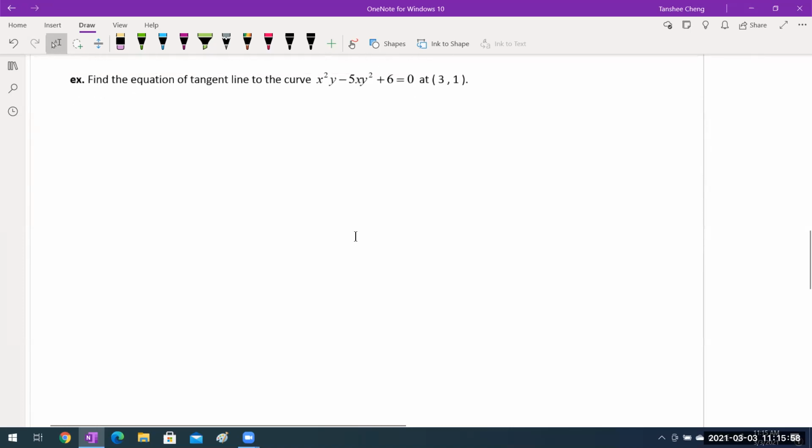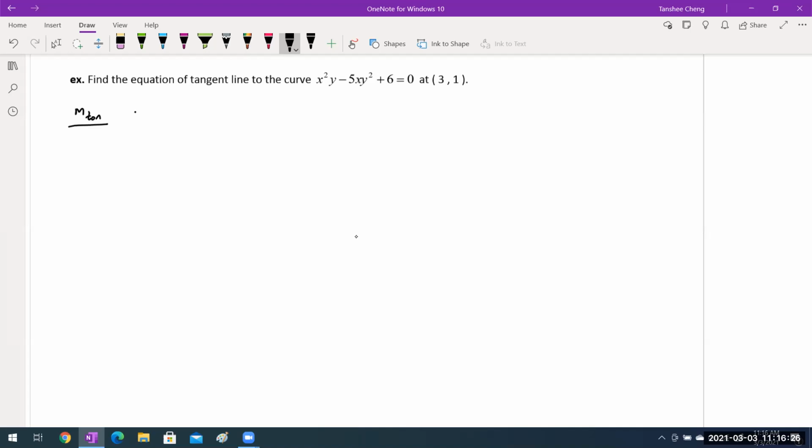So first, we need to find the slope of the tangent line at that point. So that means I need to look for dy/dx, and we basically take the derivative with respect to x, implicitly.